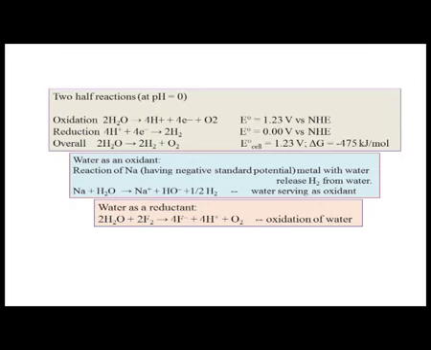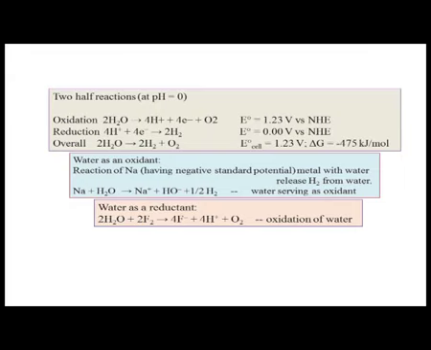For water, at pH 0, we know the electrolysis of water. At one electrode we produce oxygen and at another electrode we produce hydrogen, and these are the E0 values. This is the standard hydrogen electrode value which we consider as 0.00 volt.